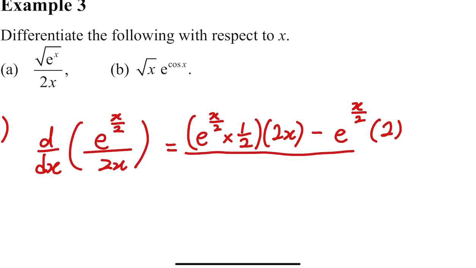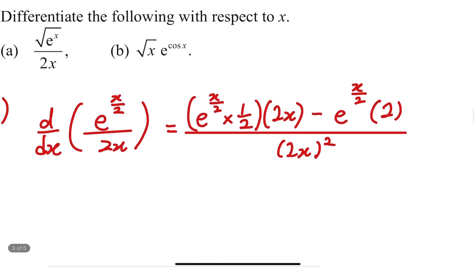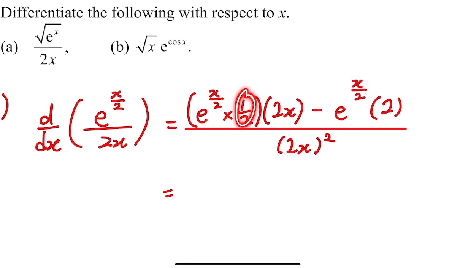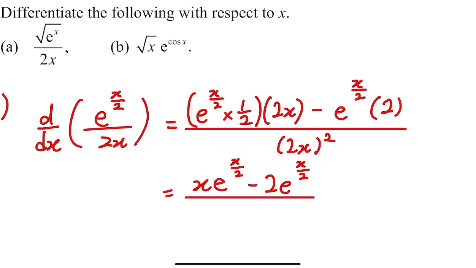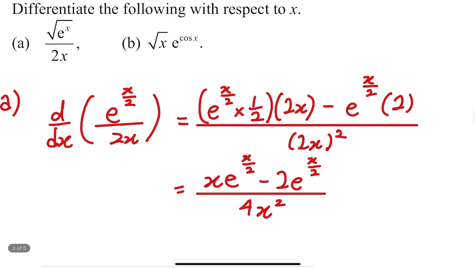The whole thing divided by the denominator square, which is 2x, the whole thing square. Simplify everything from here. Half times 2 will give me 1. So this will be simply x times e power x over 2 minus away 2 e power x over 2. This whole thing divided by 4x squared.